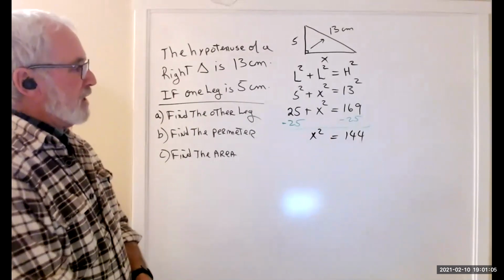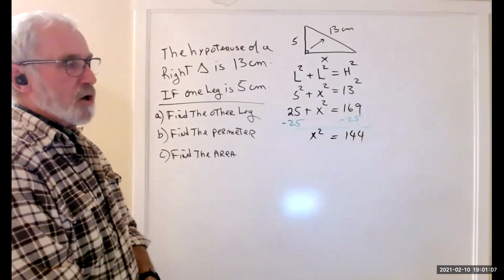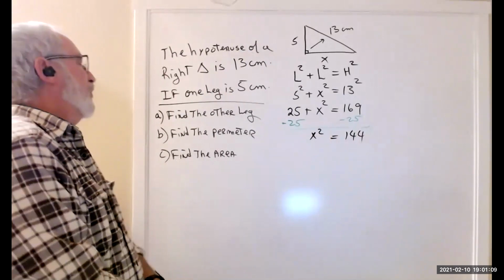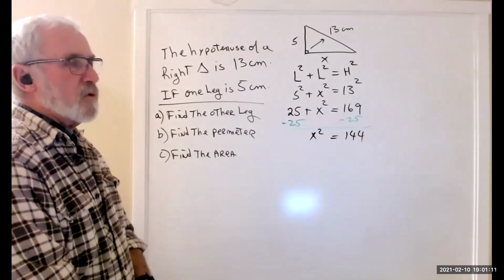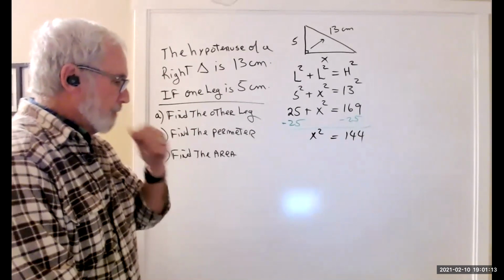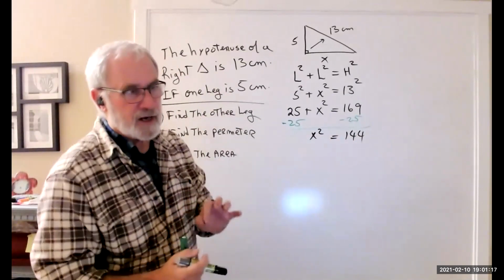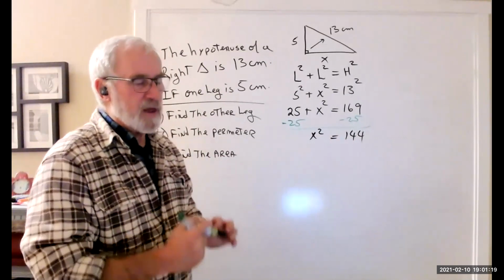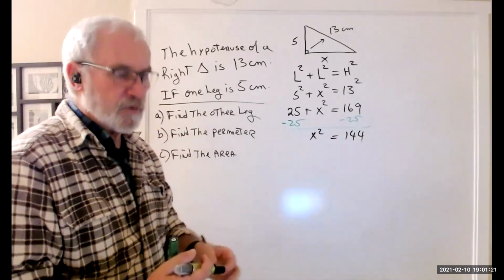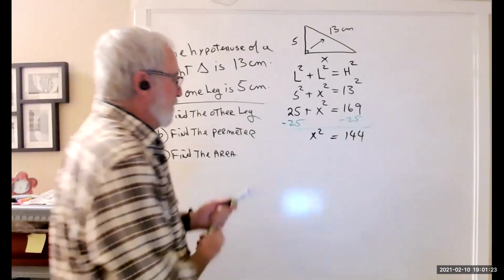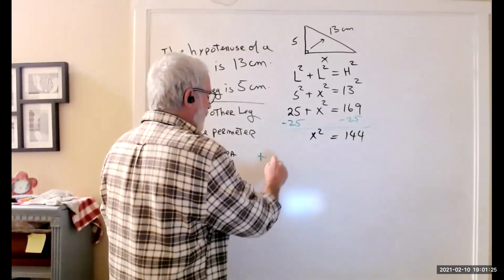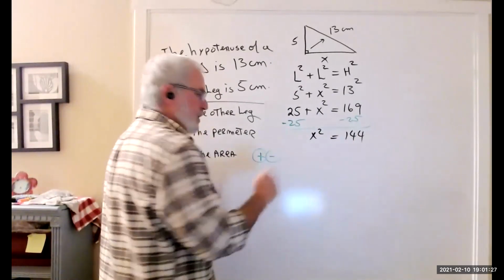Now, we have to introduce a new concept. Again, if you've seen the Pythagorean formula before, then you already know this concept. Everything in math has something that cancels it out. Addition and subtraction cancel each other out.